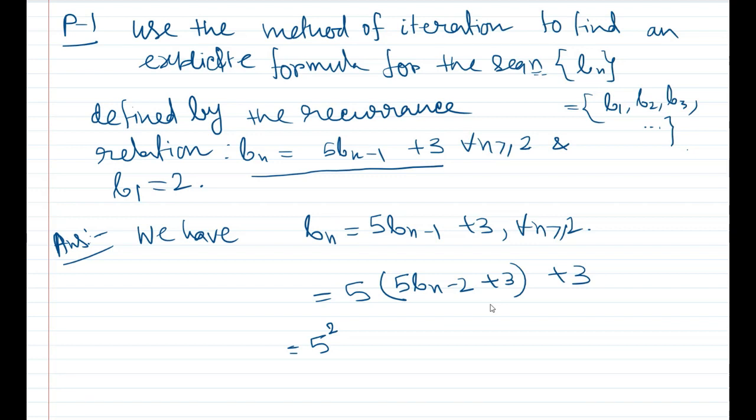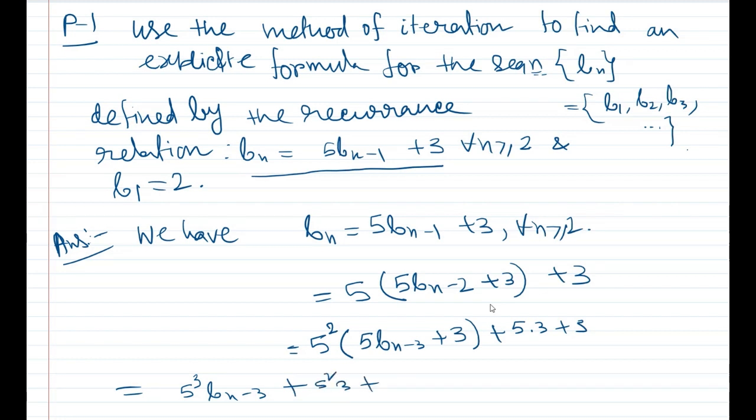So 5 squared into 5 bn minus 3 plus 3, plus 5 into 3 plus 3. Now this equals 5 cube bn minus 3 plus 5 square into 3 plus 5 into 3 plus 3.